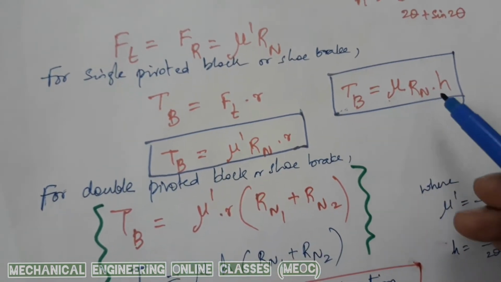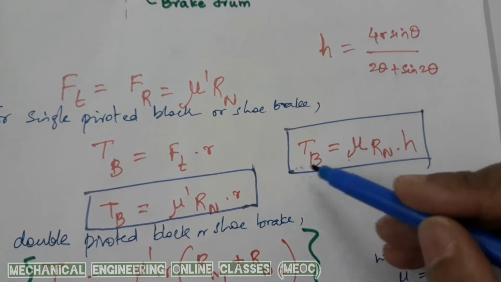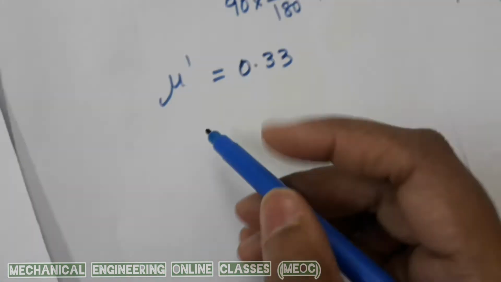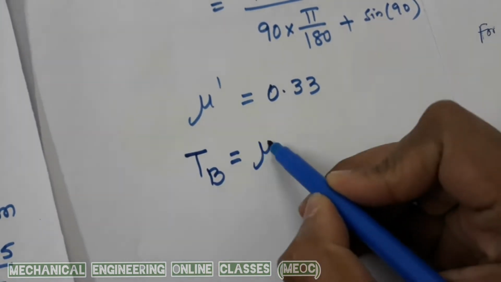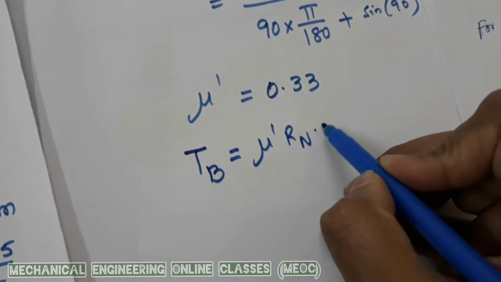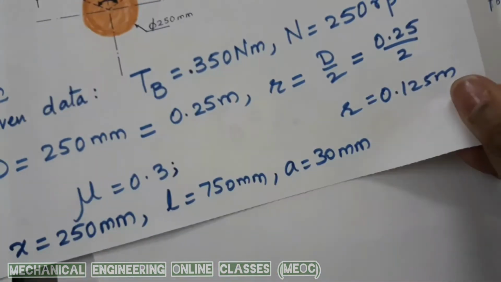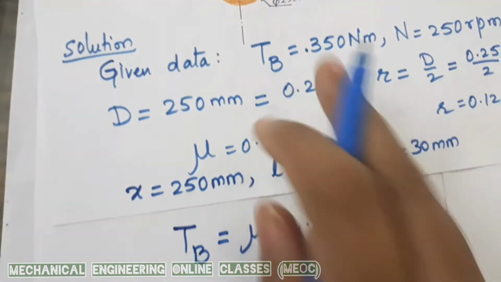If we want to calculate H, we can calculate H also as this, and then using mu we can apply this formula. So TB is equal to mu dash Rn into R. So now TB is a given data. TB is given as 350.